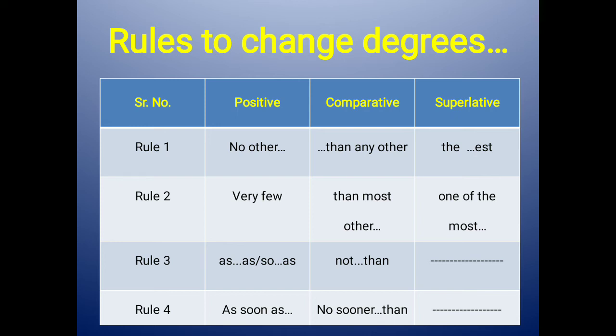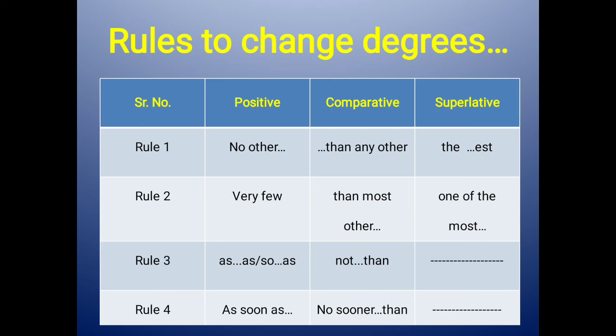And remember, positive degree is not going to convert into superlative degree here, right? So it's only possible to convert positive into comparative, or comparative into positive, right? But a superlative degree you can convert into any one of the forms, that is comparative and positive.